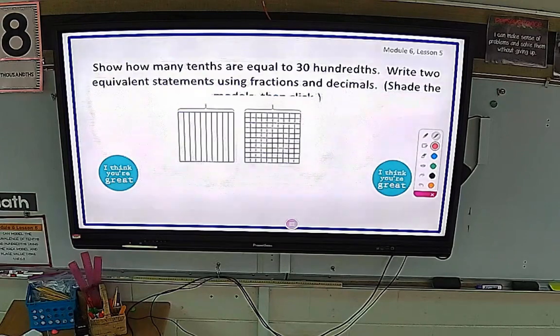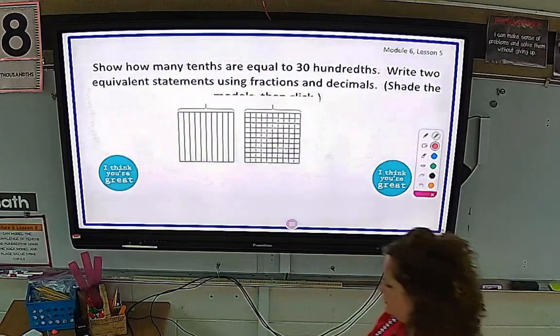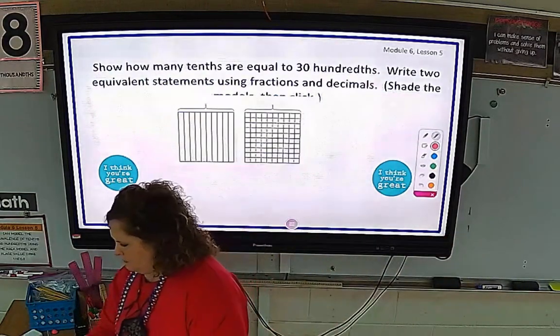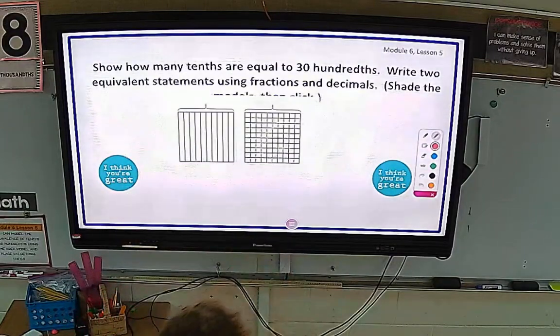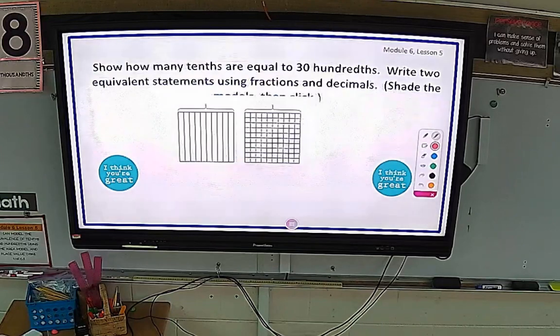Let me give you a minute to do that. Leave the number line page showing. You're going to cover up that side right there. If you get it wrong, it's not a big deal. Yeah, I'm covering up the other area model that's already in there. We're replacing it. Okay, got it.